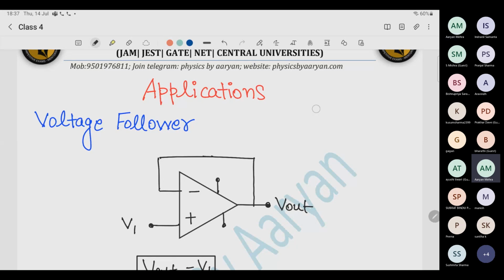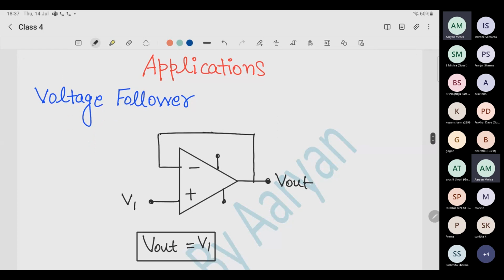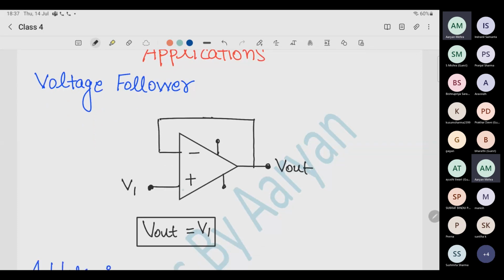We use voltage followers. So how does this voltage follower work? You just apply the voltage you require at the output to the non-inverting terminal, that is the positive terminal, and connect the V output to the inverting minus terminal without any resistance in between.